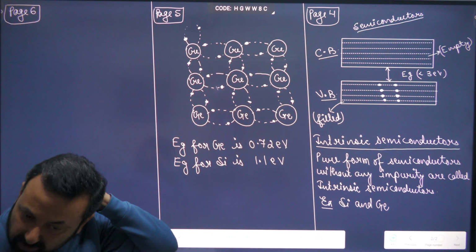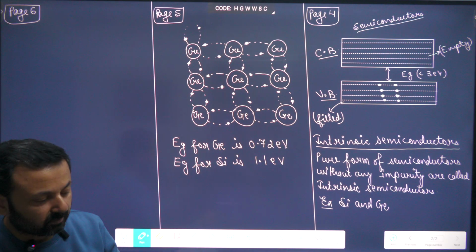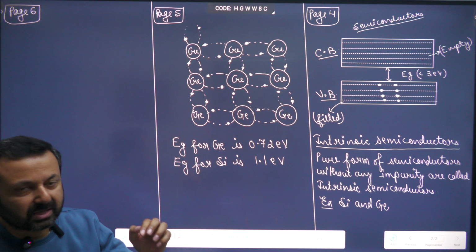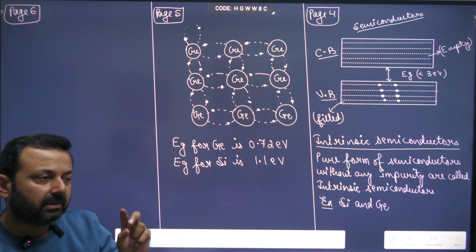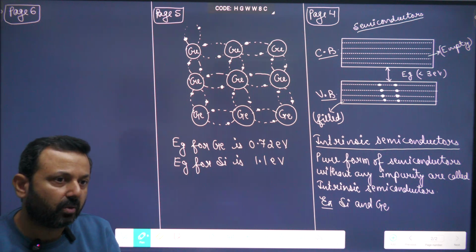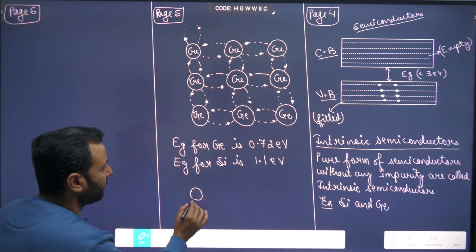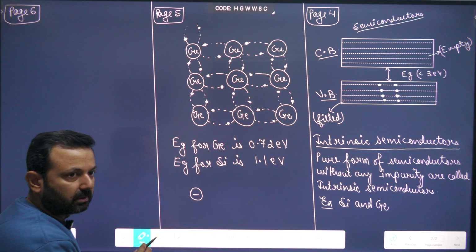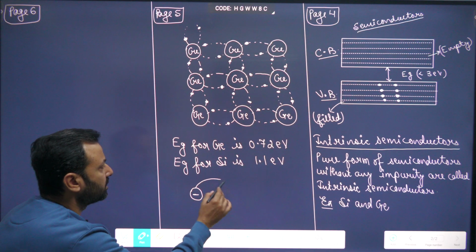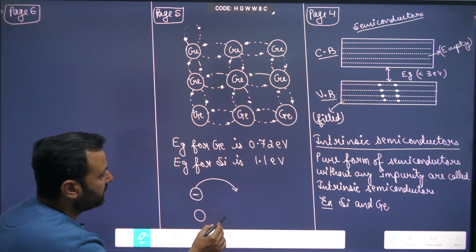When an electron jumps from its place, it leaves that place empty, and that place is known as a hole. So this is an electron, and when this electron jumps from here to this place, it leaves a hole here.